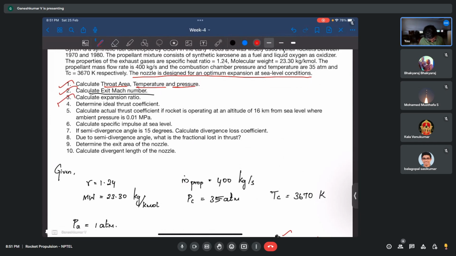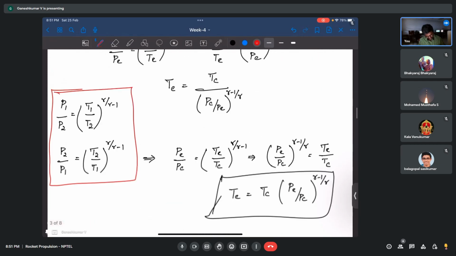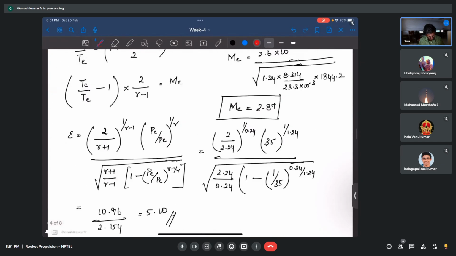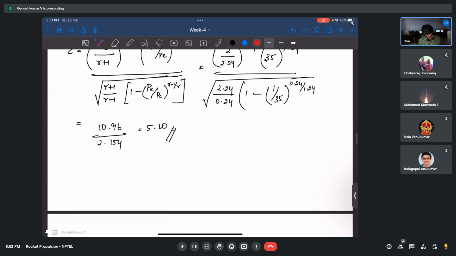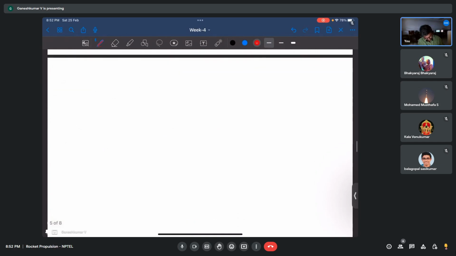All right. Now we are asked to find the ideal thrust coefficient. So what do we know about the ideal thrust coefficient? It means there's not going to be any pressure thrust, or the exit pressure is going to be the same as the ambient pressure, right?